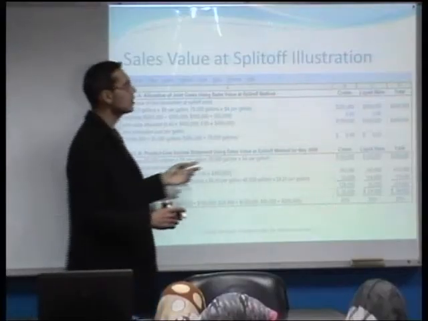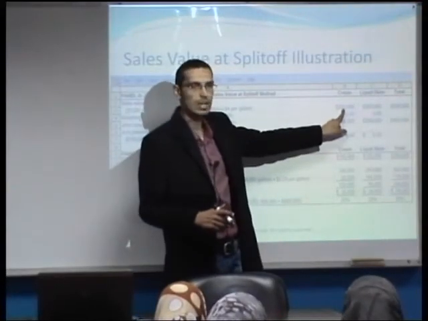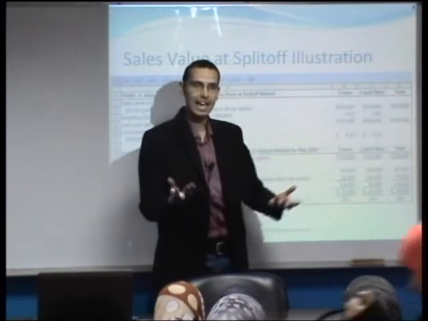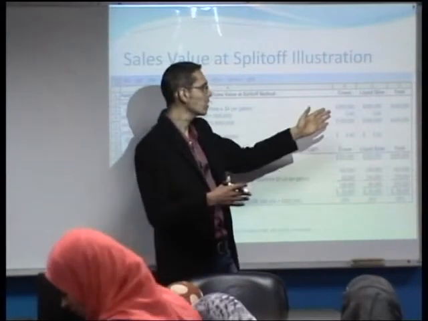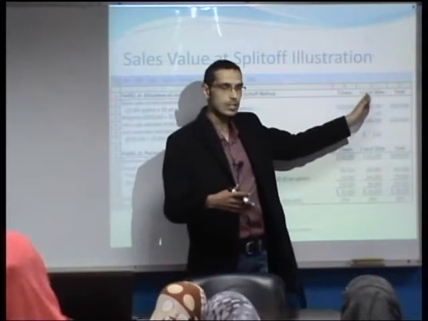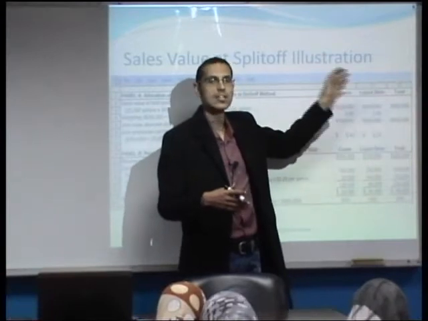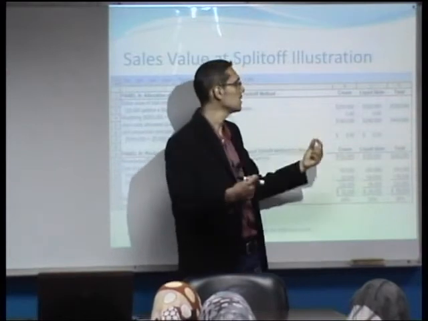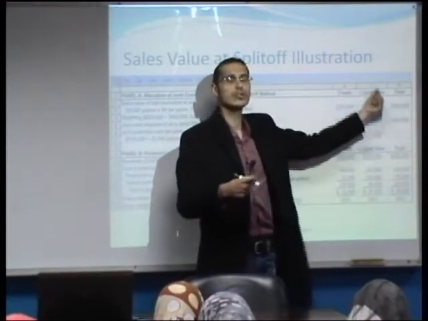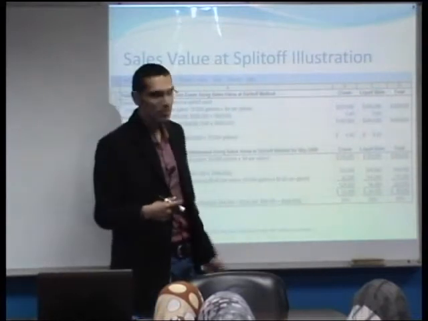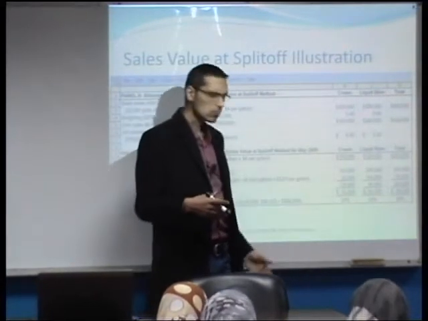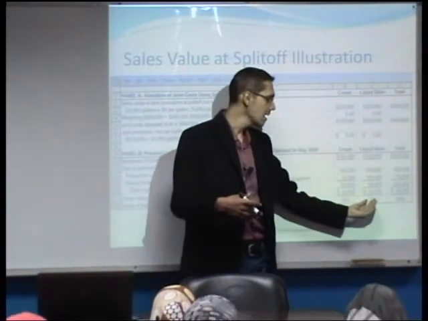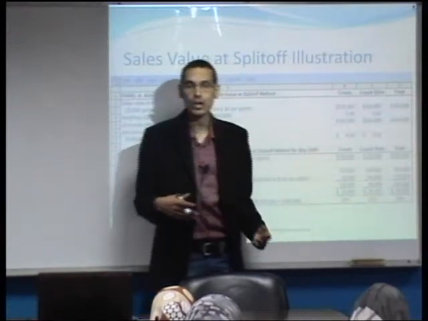Therefore, we calculated the sales value for the cream after the split-off point, as well as the liquid skim, and then we allocated the joint cost of $400,000 onto these two different joint products using the percentage of these sales values to the total sales value of the production. Therefore, as we can see here, we attained a gross margin of 20% for the first and 20% for the second.